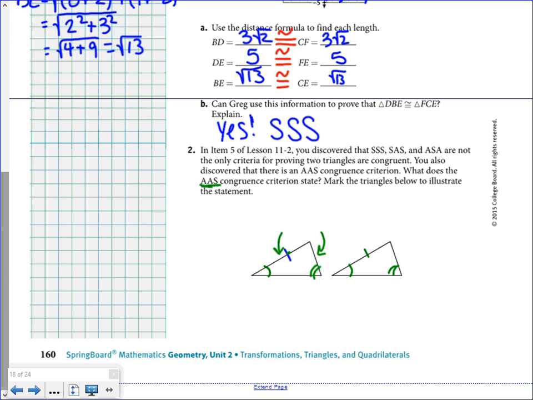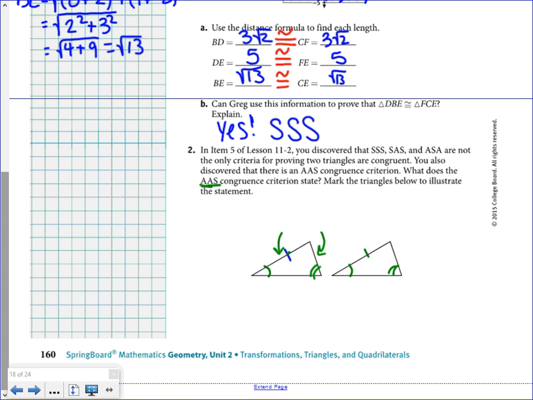So the reason that we're going to be looking specifically at angle, angle, side today is that it is different from the other three that we looked at in the previous lesson. Side, side, side, side, angle, side, and angle, side, angle are all postulates, and they don't have to be proven. We accept a postulate to be true. Angle, angle, side is an actual theorem, and so we are going to end up proving it in just a few minutes.